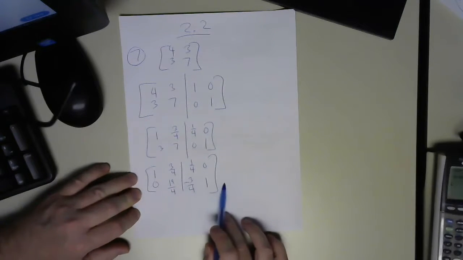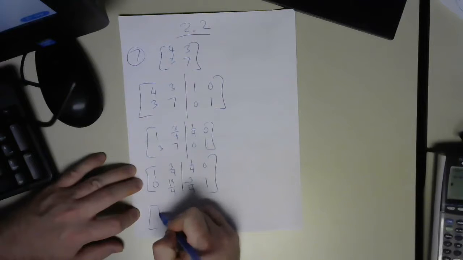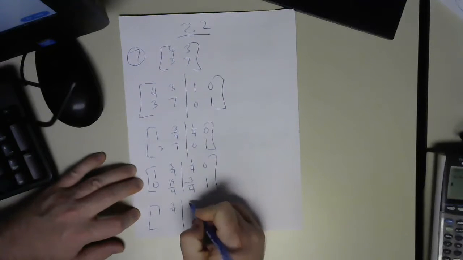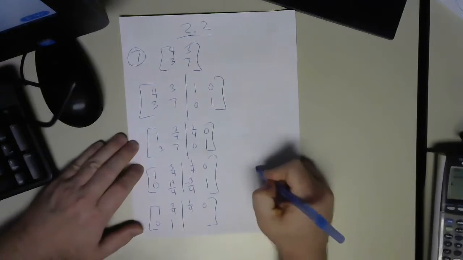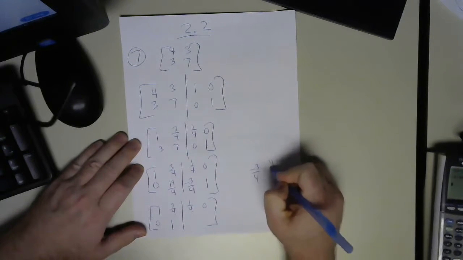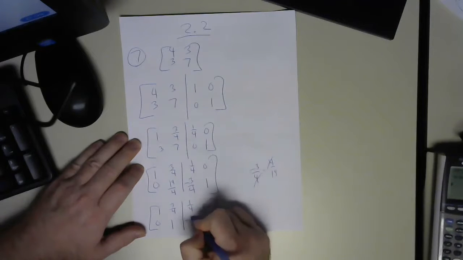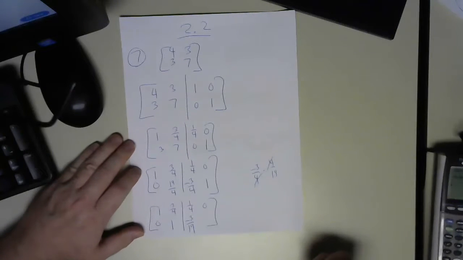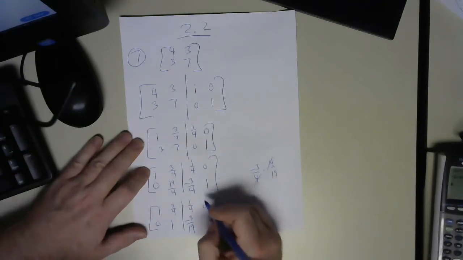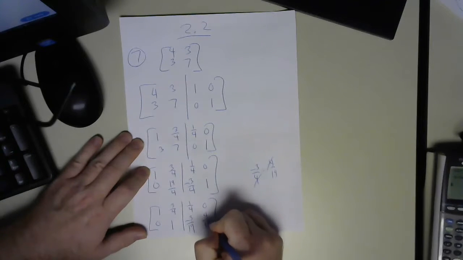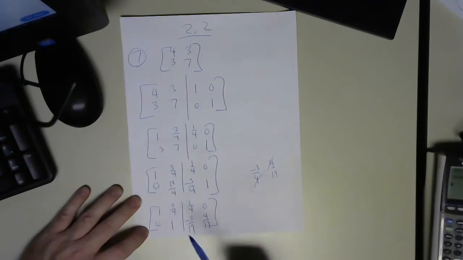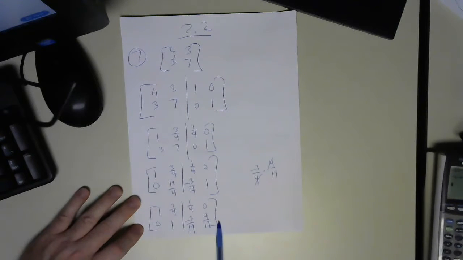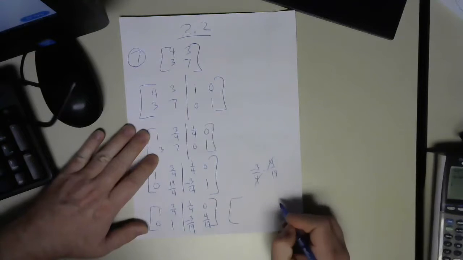Now let's divide this by 19/4. Okay, one more step. I want to change this into a 0. So it looks like I want to multiply the second row by -3/4 and add it to the first row.